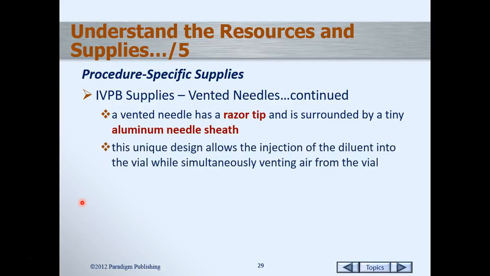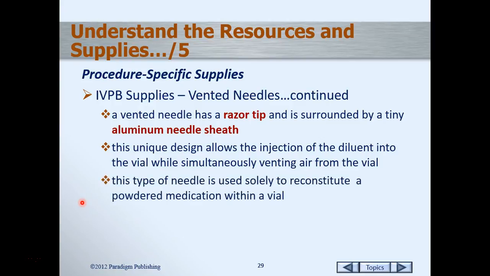So, as I was saying, it's unique and allows the injection into the vial while letting the air vent out, and it's only used in reconstitution. Most hospitals will not use these because basically it's throwaway. Good technique using proper milking technique with a regular needle is sufficient, and you don't have to use multiple needles.